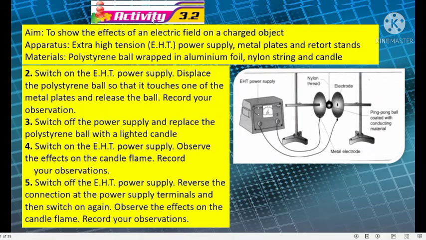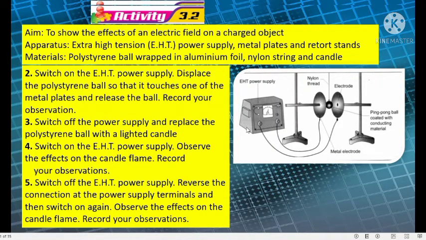Okay, let's observe activity 3.2. The aim of this activity is to show the effects of electric field on a charged object. Apparatus required: EHT power supply, metal plates, retort stand, polystyrene ball wrapped with aluminum foil, nylon string, and candle.